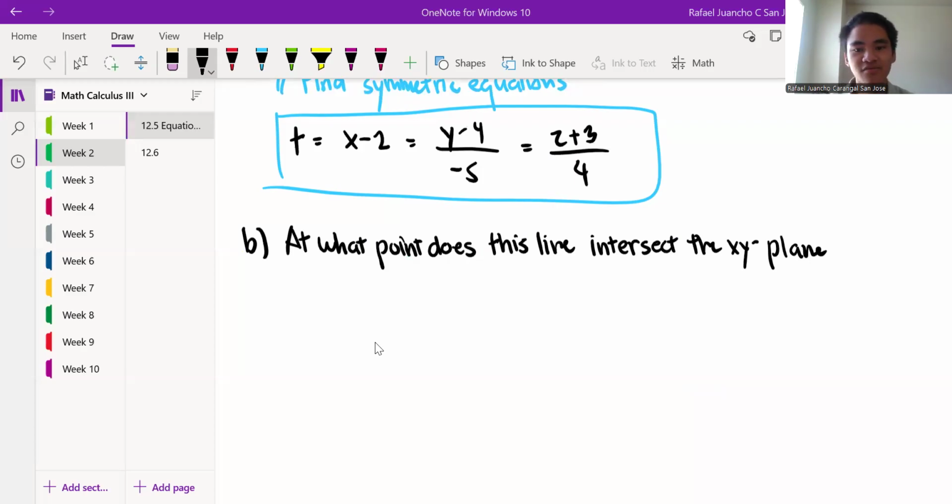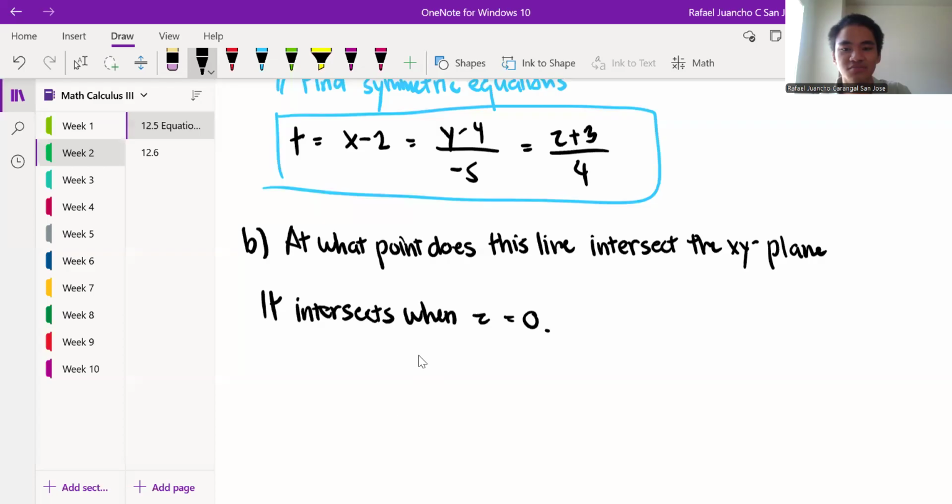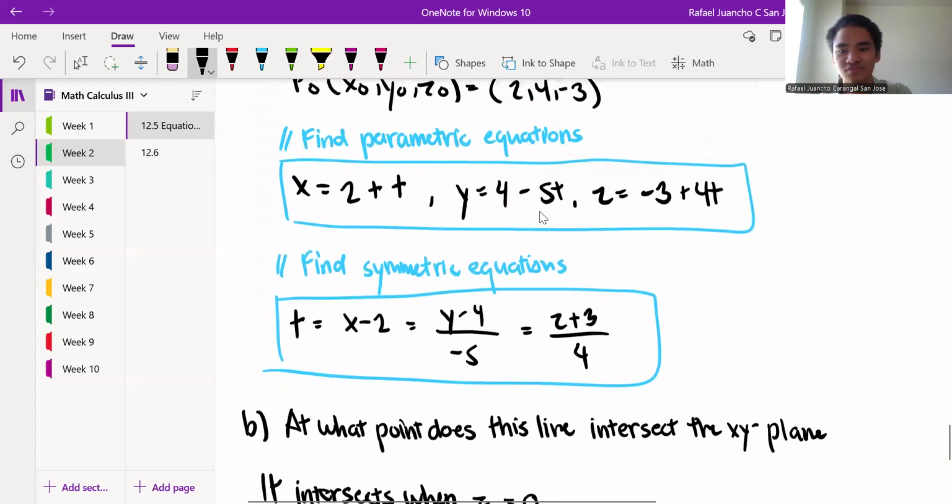Well, again, here we're talking about conditions. And so it intersects when z is equal to 0. So we're saying it intersects when z is equal to 0. And so we make z equal 0 in here, in our parametric equations.